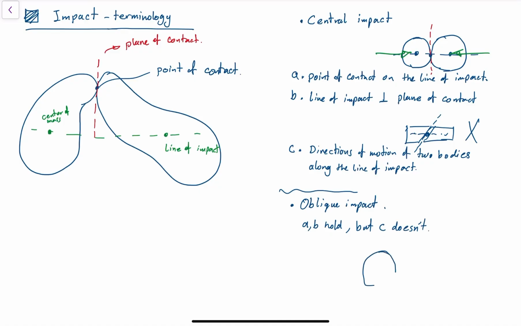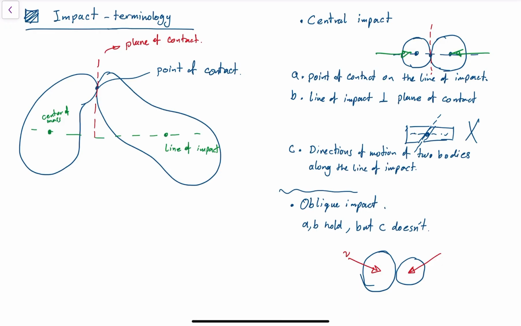So if you have these shapes, everything looks good, but if the velocities are not along the line of impact, you have oblique impact. So if they are coming head on, that's central. If they are coming to each other at an angle, that is oblique.